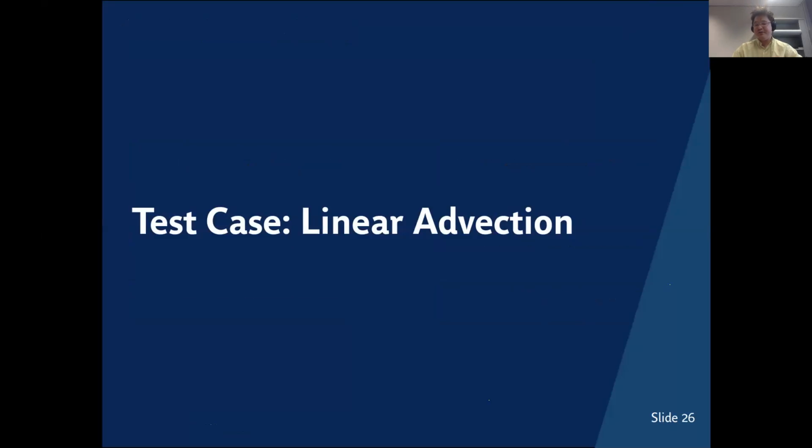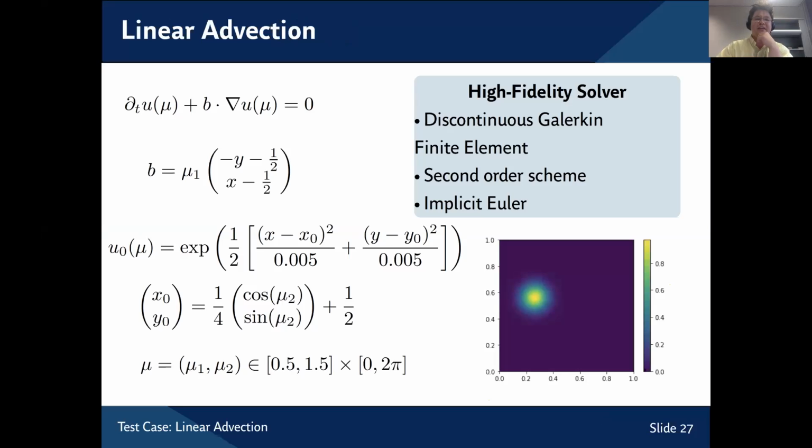So I have included two test cases in this talk. One is a rather simple linear advection case, a 2D linear advection, where we have a space-dependent velocity. For the high fidelity solver, I used a discontinuous Galerkin finite element method, a second order scheme, and an implicit Euler time-stepping scheme.